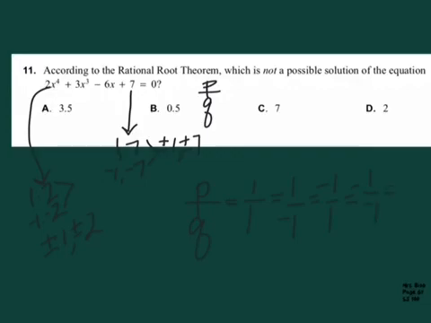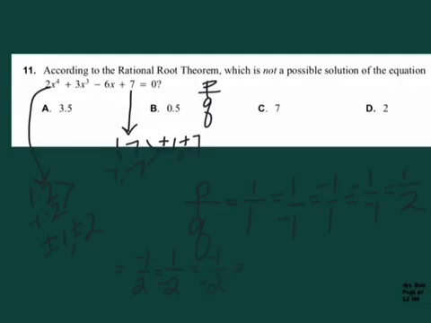Then for my other pairs, I've got positive 1 divided by positive 2, negative 1 divided by positive 2, positive 1 divided by negative 2, and negative 1 divided by negative 2.